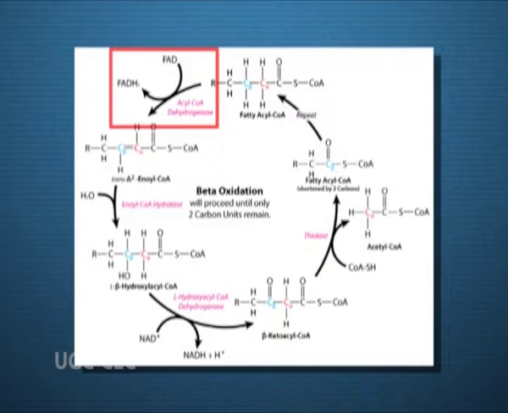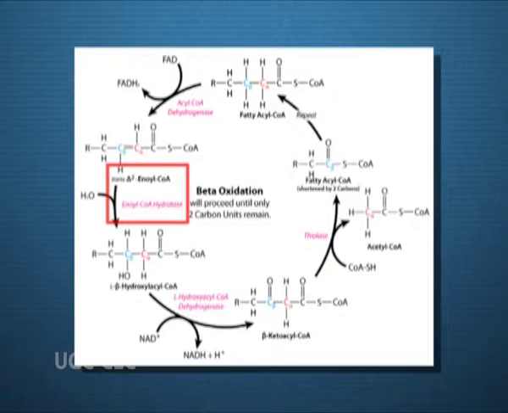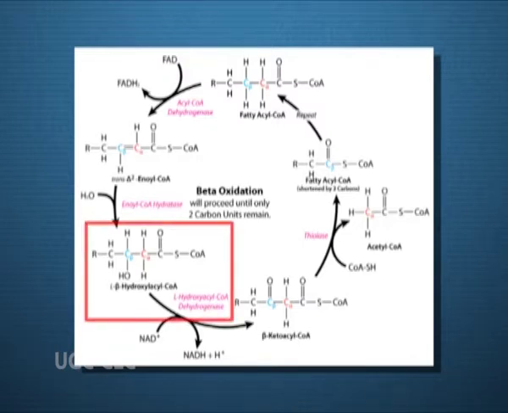Number 1, dehydrogenation at carbon 2 and carbon 3 by FAD-linked acyl-CoA dehydrogenases. Number 2, hydration of the resulting trans-2 enoyl-CoA by enoyl-CoA hydratase. Number 3, dehydrogenation of the resulting L-beta-hydroxyacyl-CoA by NAD-linked beta-hydroxyacyl-CoA dehydrogenase.